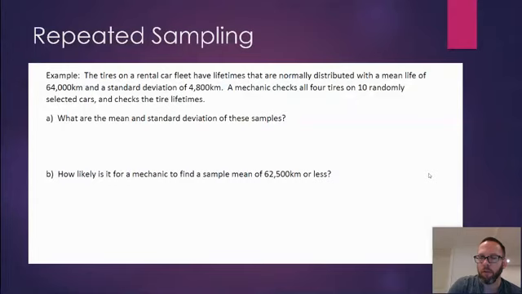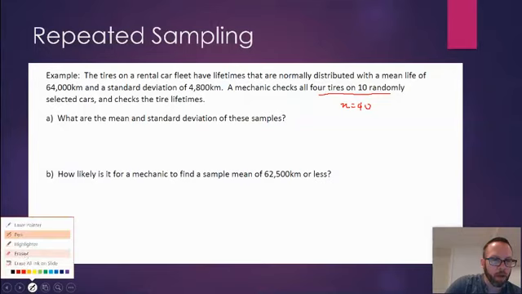You can assume they got these values from years of study; this is what the manufacturer's data tells them. This is the population mean and the population standard deviation. Now, a mechanic checks all 4 tires on 10 randomly selected cars. That's 40 tires, so n equals 40. What are the mean and standard deviation of these samples?